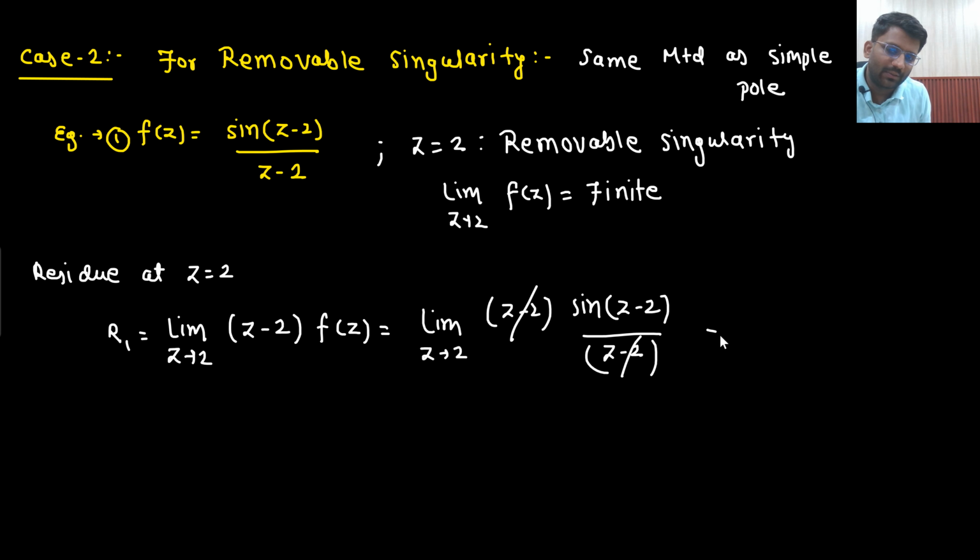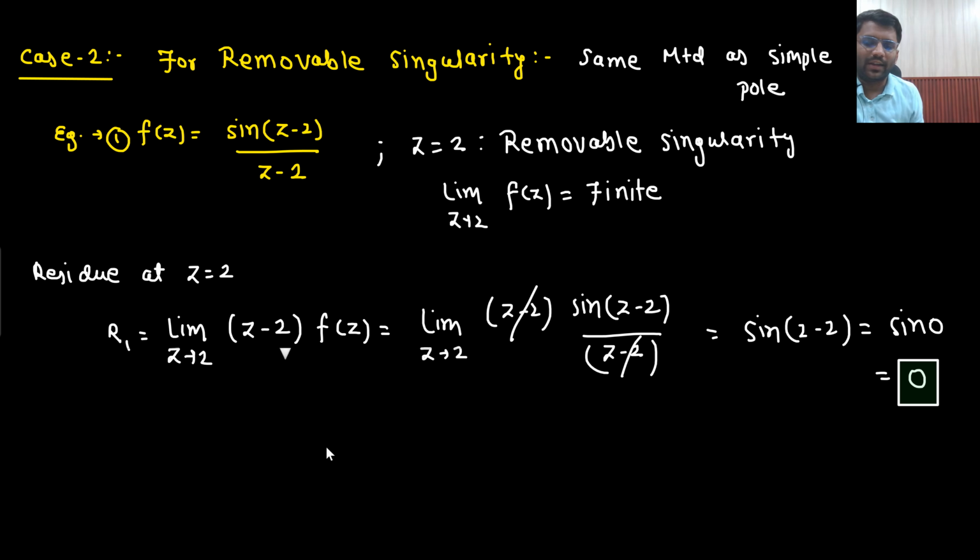This and this get cancelled out. If you put z equals 2 here, you get sin(2 minus 2), that is sin 0, so the answer is 0. So the residue that I am getting is 0.